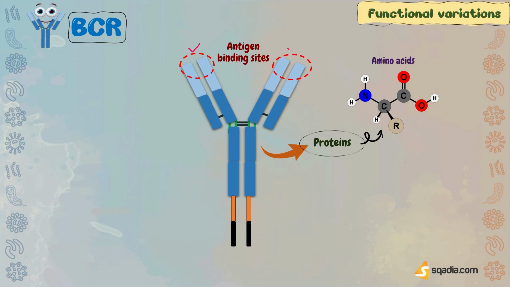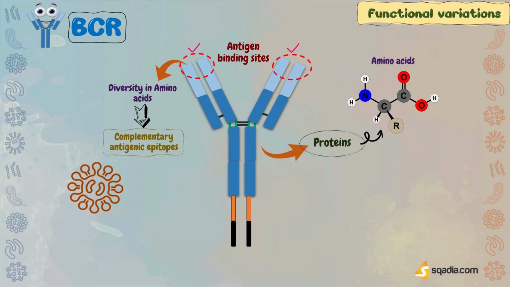So, these sites are responsible for antigen binding because they exhibit tremendous diversity in amino acid sequences. So, what I want to convey is that the antigen binding site of the BCR, formed by the variable regions of the heavy and light chains, contains specific amino acid sequences that can recognize and bind complementary antigenic epitopes.